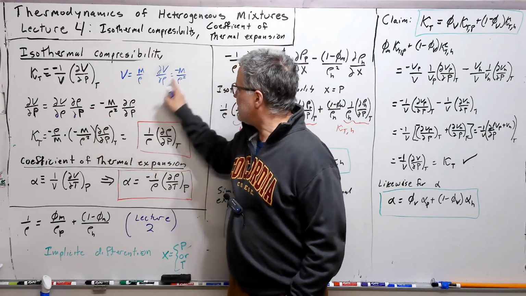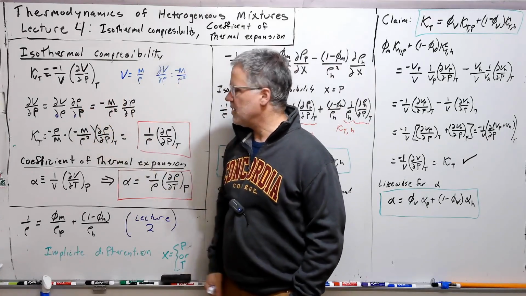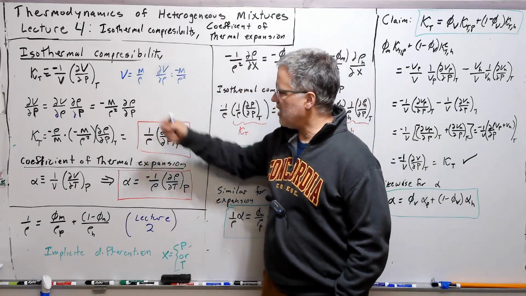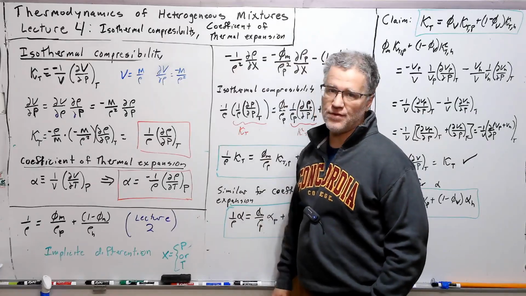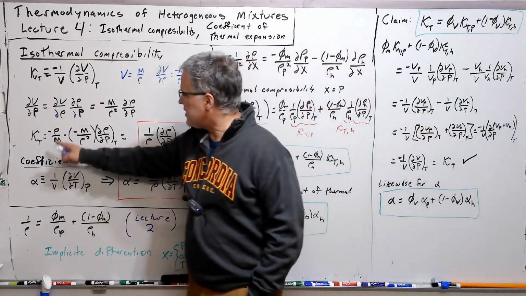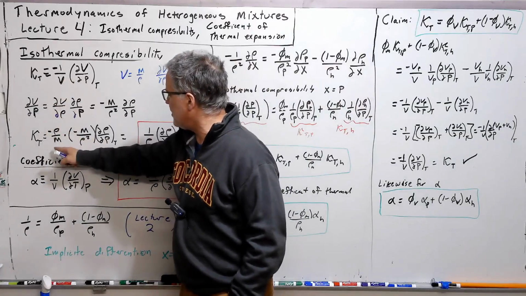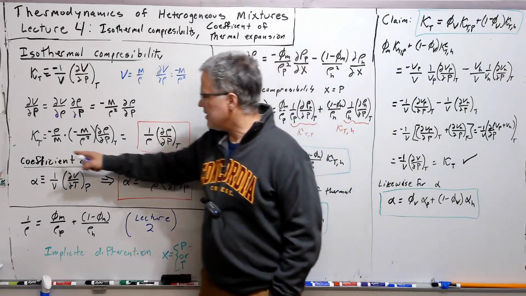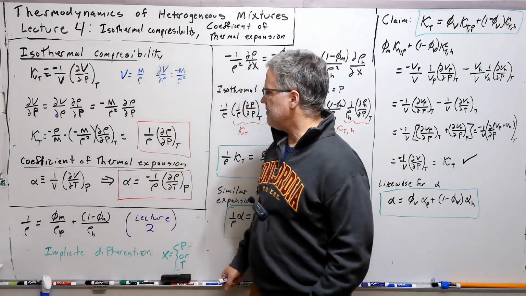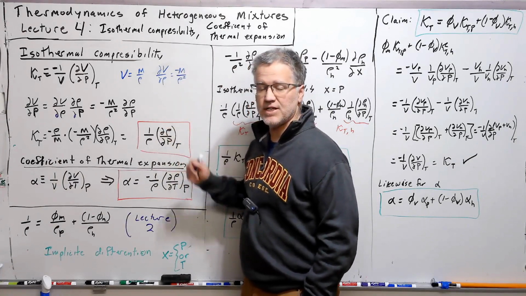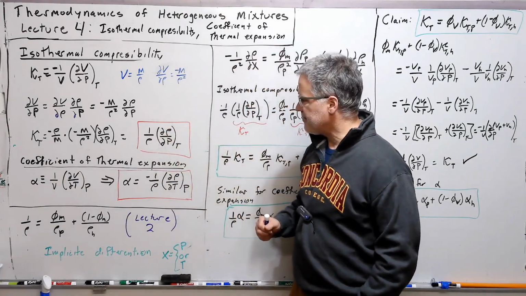So here's our minus m over rho squared, the derivative of V with respect to rho, and then we've converted now to the derivative of rho with respect to P. So then, just by substitution, we can get an expression for the isothermal compressibility in terms of density.